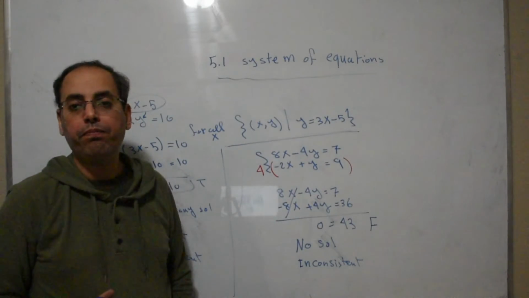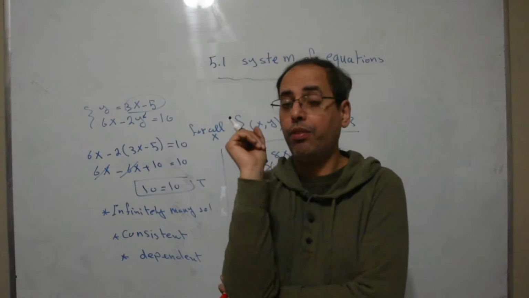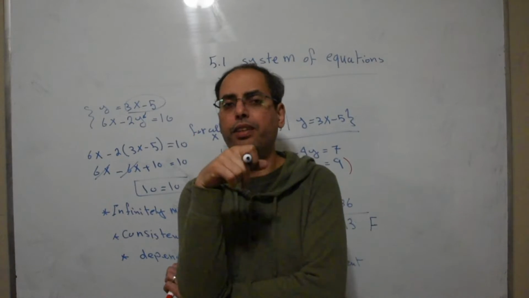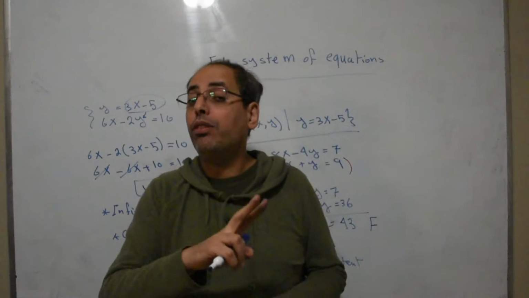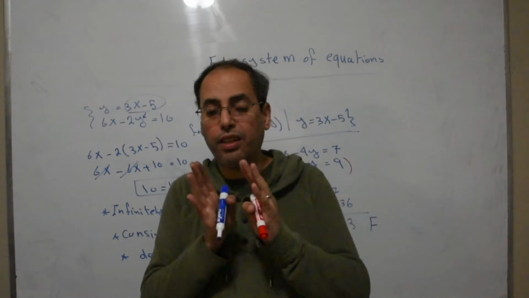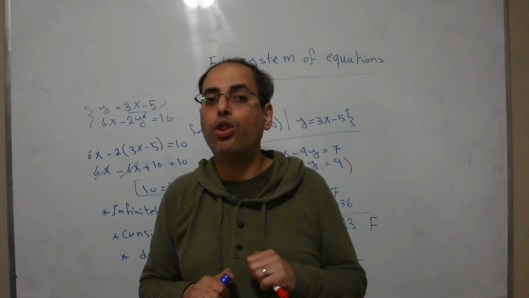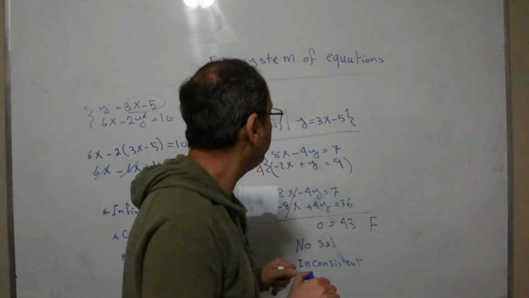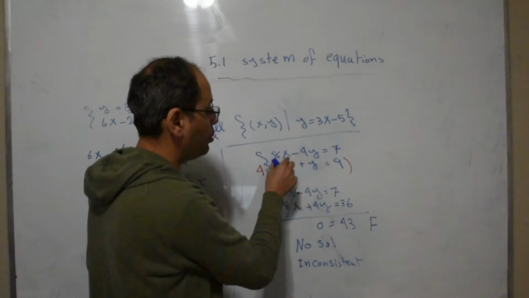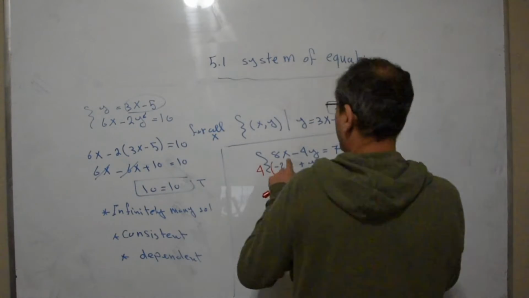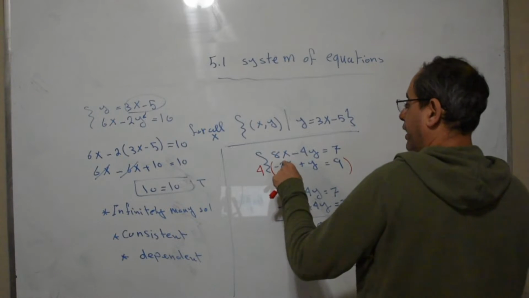Okay, let's talk about that. I said that when I have no solution, that means that the two lines are parallel. And we have learned before that if two lines are parallel, that means that they have the same slope. So let's test that. I want to make each equation in terms of y. So here I'm going to subtract 8x.